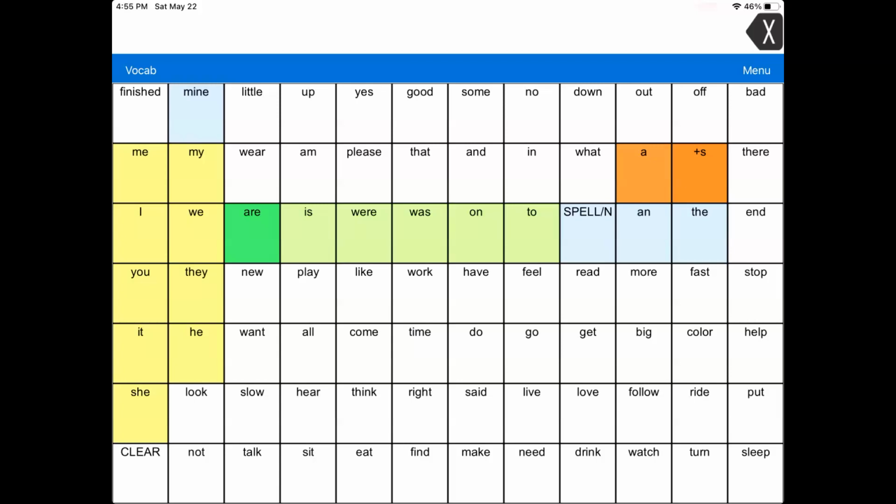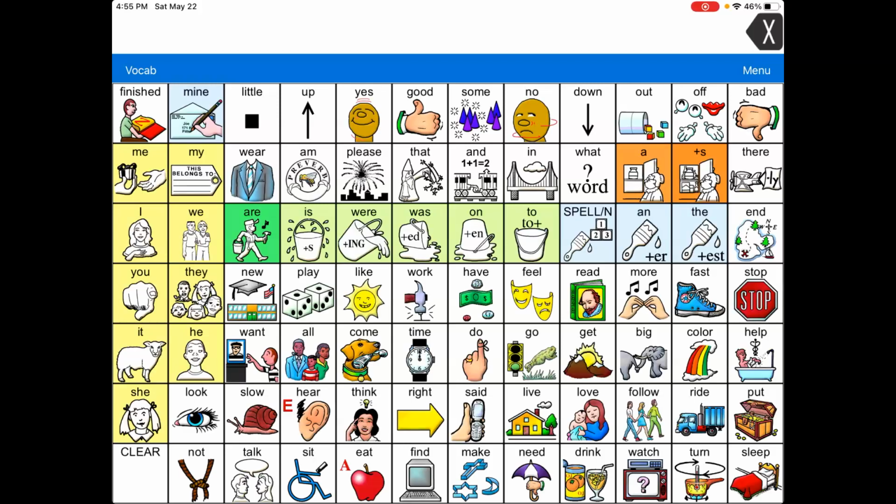Let's talk about the organizational structure in the Words for Life. LAMP Words for Life is based off of Unity, a language system in Prentke Romich devices. This system was developed by Bruce Baker, who owns Semantic Compaction.